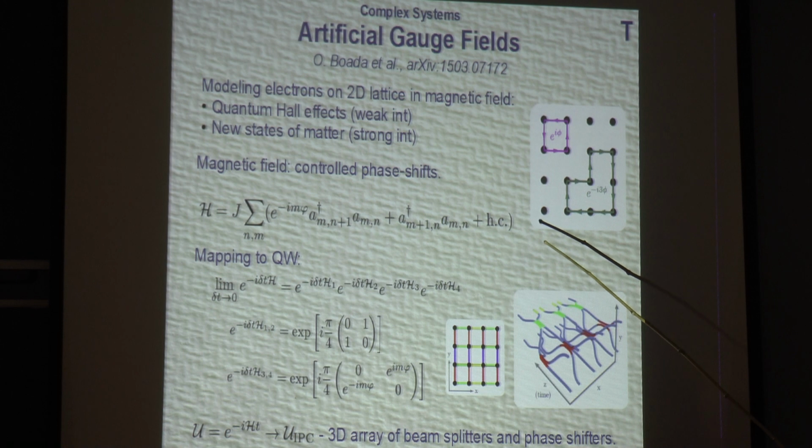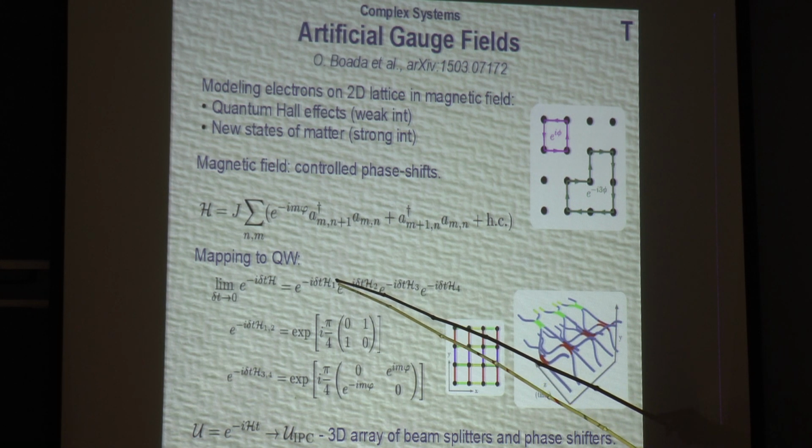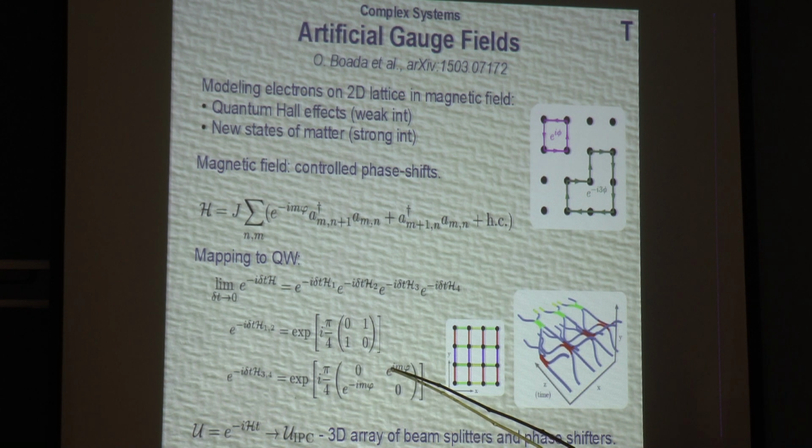It is possible to map this complex Hamiltonian onto a quantum Hooke Hamiltonian in the following way. We decompose it into a sum of 4 Hamiltonians, each implementing a beam splitter. 2 of them implement a usual symmetric beam splitter, and the other 2 implement a beam splitter which introduces a phase shift, a phase-dependent beam splitter.